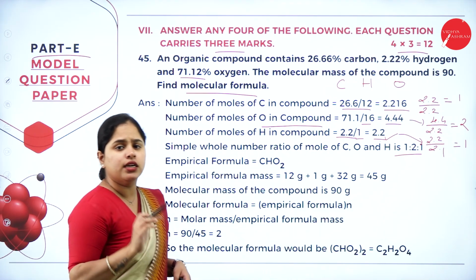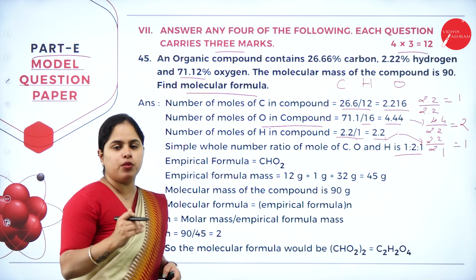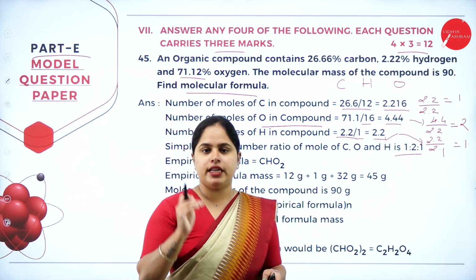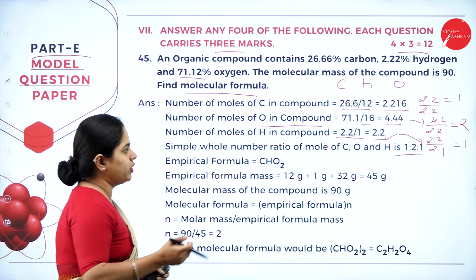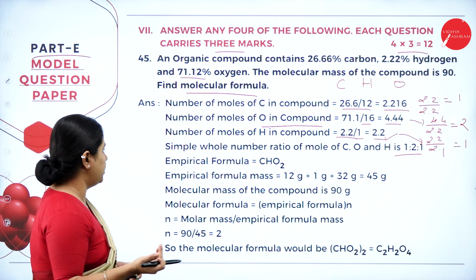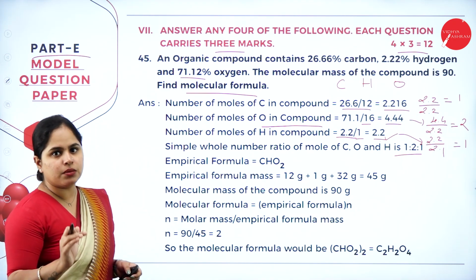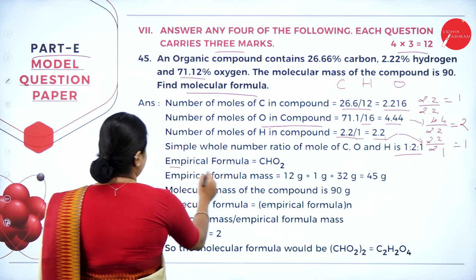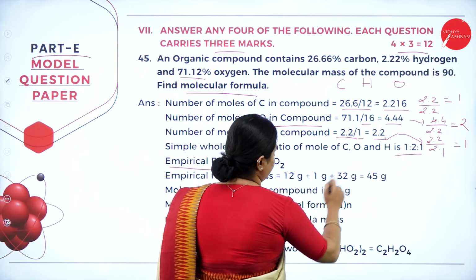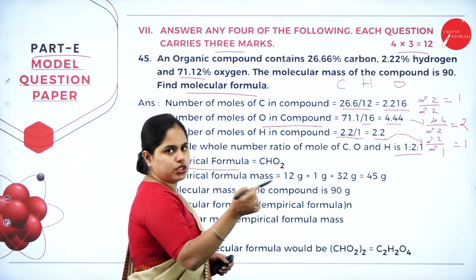I hope it is clear. Number of moles you calculate. Out of the number of moles, which one is the smallest? Divide each of the calculated number of moles by that value, and you will get a simple whole number ratio. From that ratio, you can first calculate the empirical formula. What is the ratio of carbon? It is 1. Oxygen is 2 and hydrogen is 1.